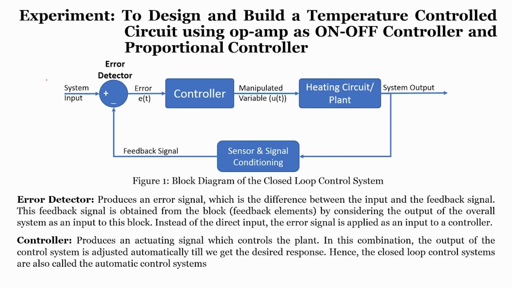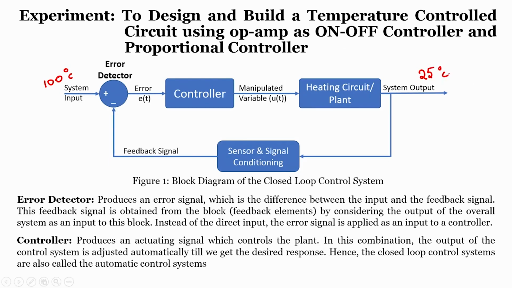Say the user wants to maintain the input as 100 degrees centigrade, but initially the heating circuit will be at room temperature, meaning somewhere between 25 to 30, it depends on where we are.